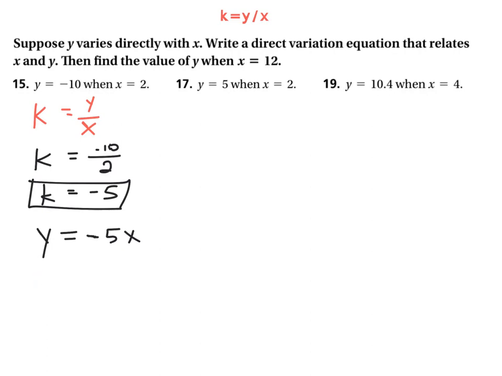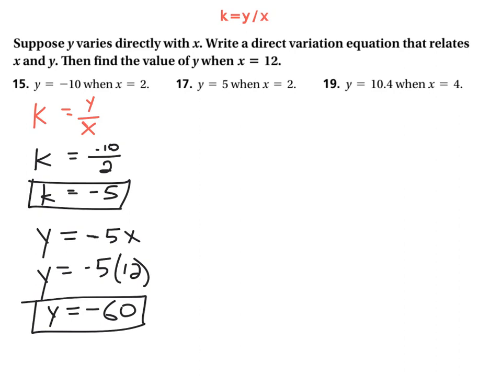We're going to say y equals, and we're going to substitute x with the number 12. That number is the number that they're giving us up here at the top that they want us to use each time. So y equals -5 times 12, or y equals -60.